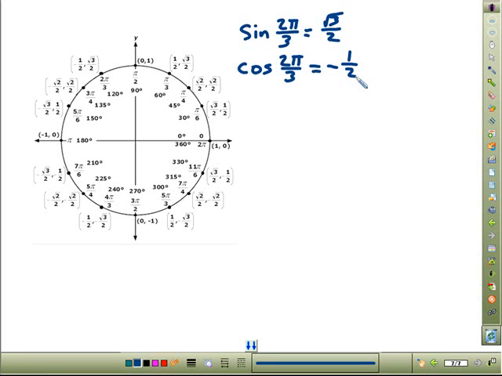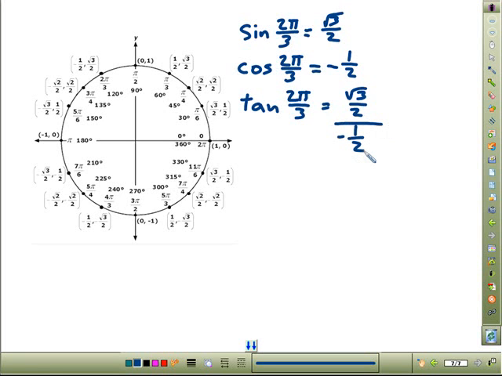Now, what about this? What about the tangent of 2 pi over 3? What would that be? What is tangent? Remember? It's the y over the x. So this is the square root of 3 over 2 over negative 1/2. So what is that going to be? Okay? Now, this was troubling to some of you. How do we simplify that?